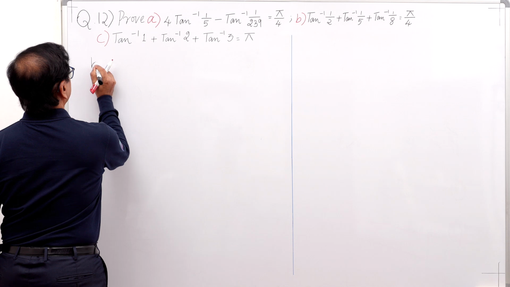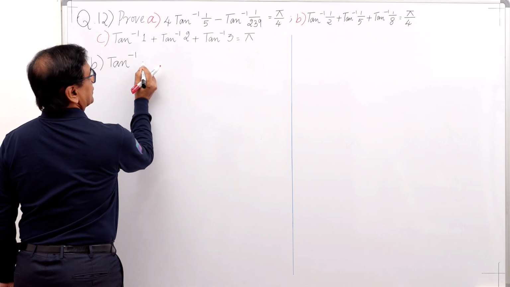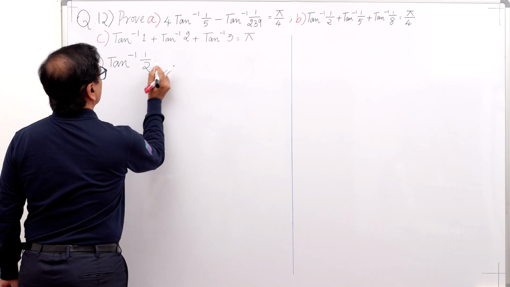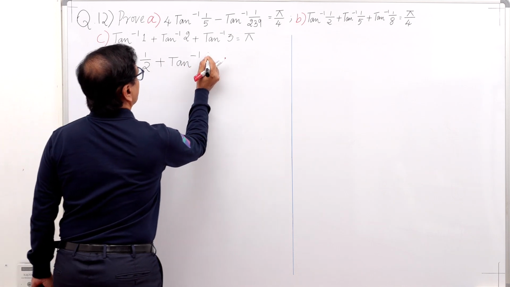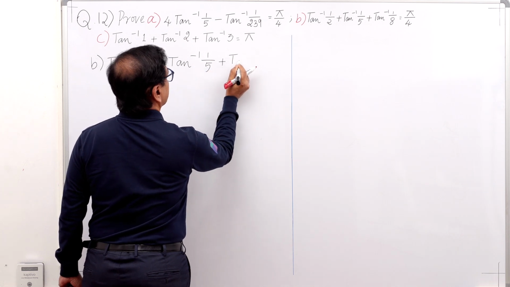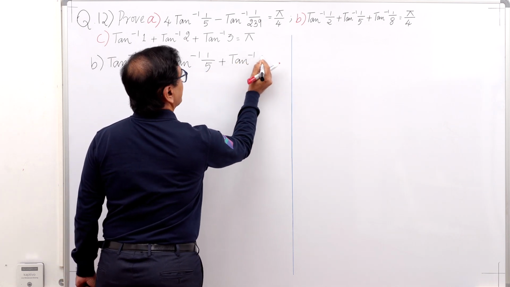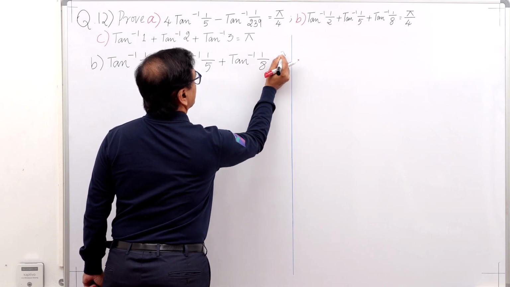Question B is like this: tan inverse of 1 by 2 plus tan inverse of 1 by 5 plus tan inverse of 1 by 8 equals pi by 4.